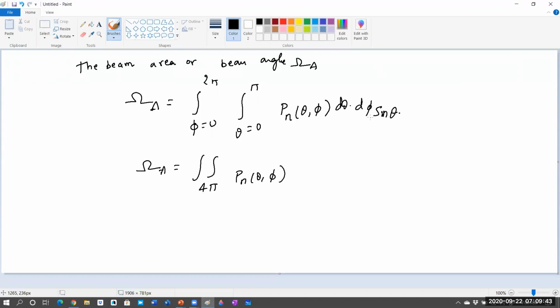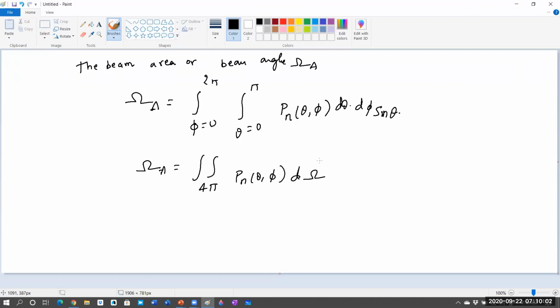You know sin theta d theta d phi is nothing but d omega, as we spoke a few minutes ago, where d omega equals sin theta d theta d phi.